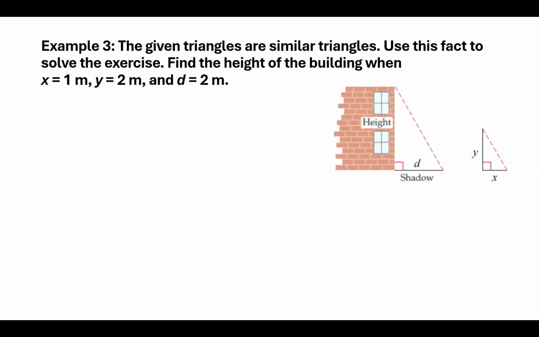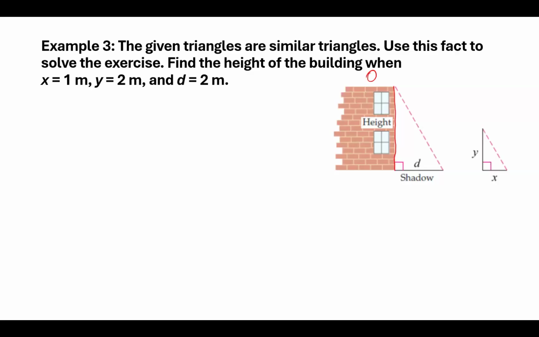So in this question, we have that the given triangles are similar triangles. Use this fact to solve the exercise. Find the height of the building when x equals 1 meter and y equals 2 meters and d equals 2. So the typical question is that this is the ground level and we see the building in there and we want to find the height of the building.